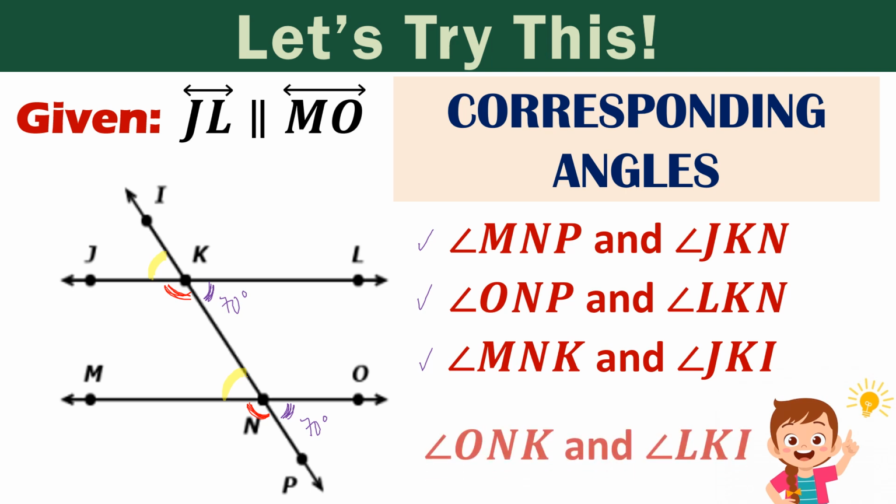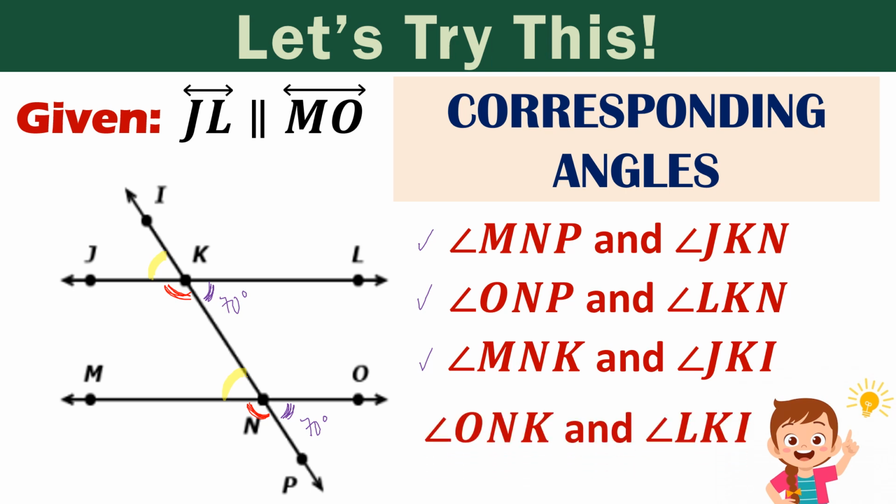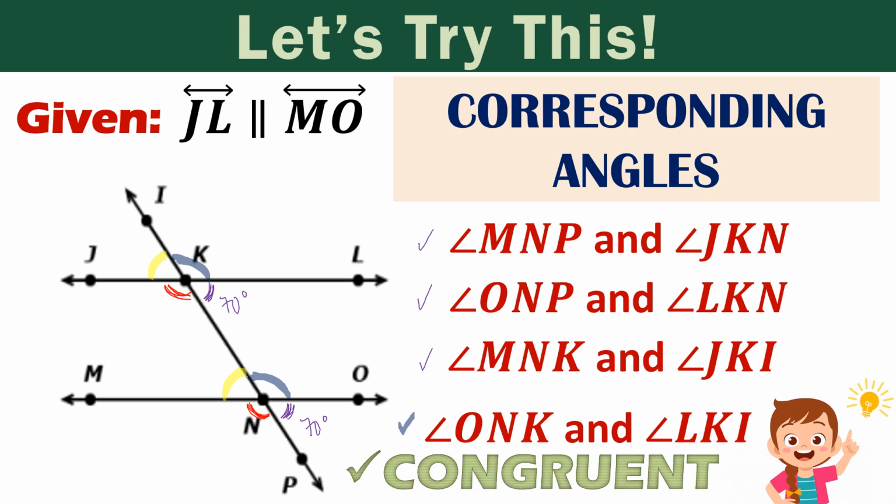Apart from that, we'll have ONK, so this one, and the LKI, so this one. Okay, so that's it. Hopefully, you can now easily identify the angle pairs that we have in parallel lines cut by a transversal. And again, I will just reiterate, take note that corresponding angles are congruent. Alright, so take note of that.